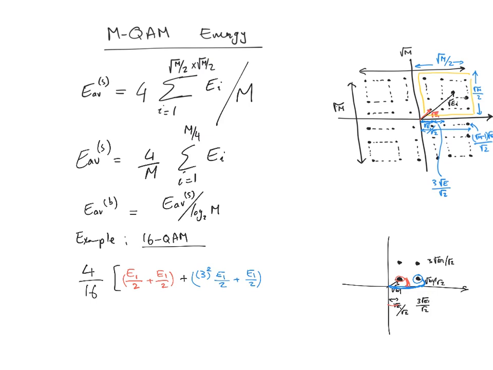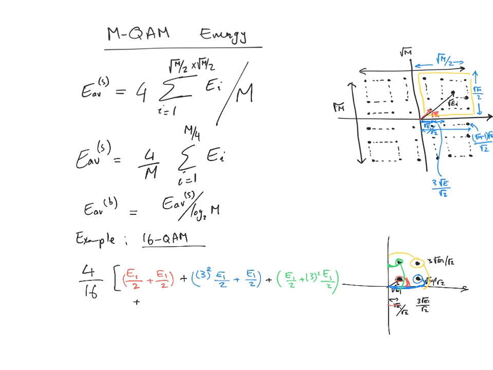The third point, let's say it's this one, is going to be similarly E1 divided by 2, because the x dimension is only this one, while the y dimension is the big one, so that's 3 squared E1 divided by 2. And then last but not least is the last point here, which is big and big.